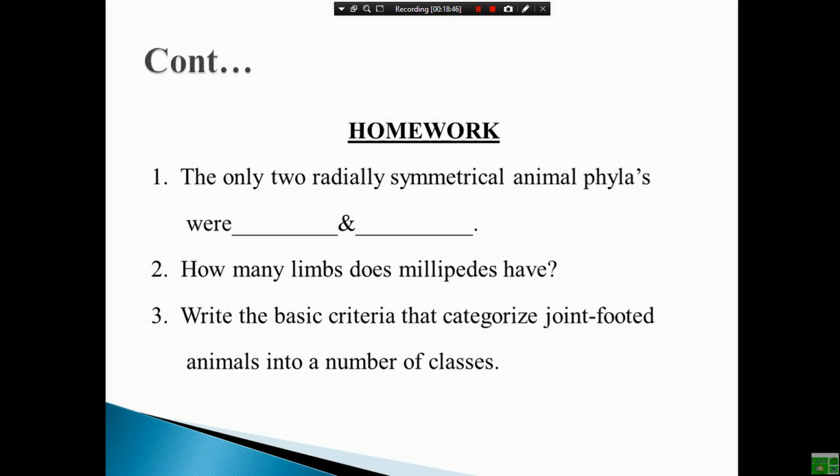Question number 3: write the basic criteria that categorize joint-footed animals into a number of classes. What are the preconditions that categorize phylum Arthropoda into a number of classes?